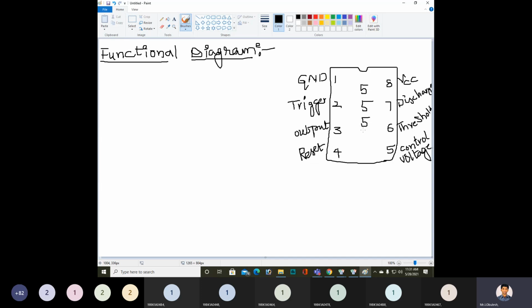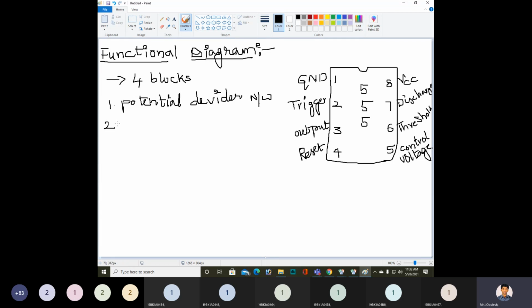The first one is potential divider network.